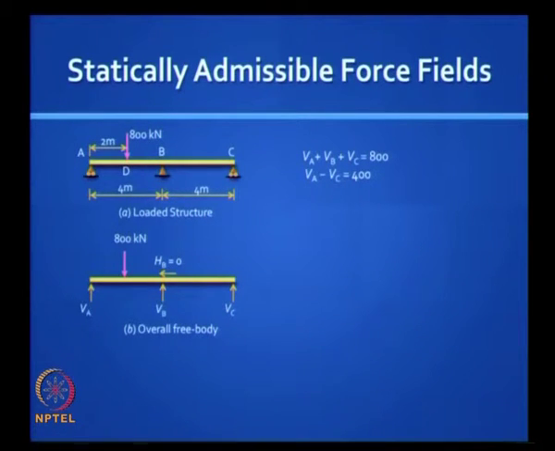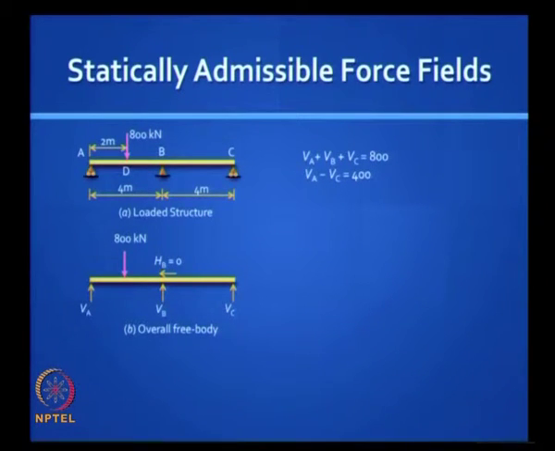So here is the example of a 2-span continuous beam. As you can see, there are 4 reactions possible, 3 vertical reactions and 1 horizontal. That horizontal reaction is clearly equal to 0 if you apply sigma Fx equal to 0, but you have 3 vertical reactions and you have only 2 equations of equilibrium left, right. You can mix and match the equations, but you have only two independent equations.